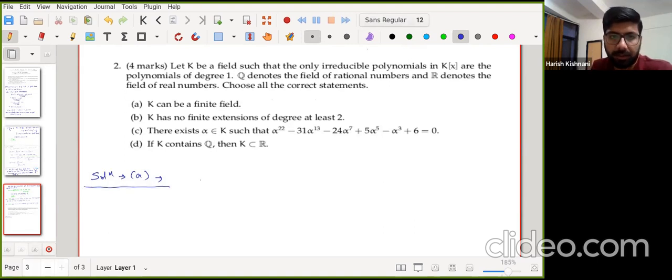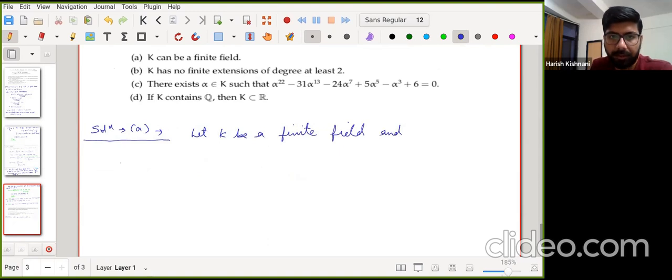So let K be a finite field. Okay, and K is, as I said, nothing but say {a1, ..., an}. Then consider the polynomial.